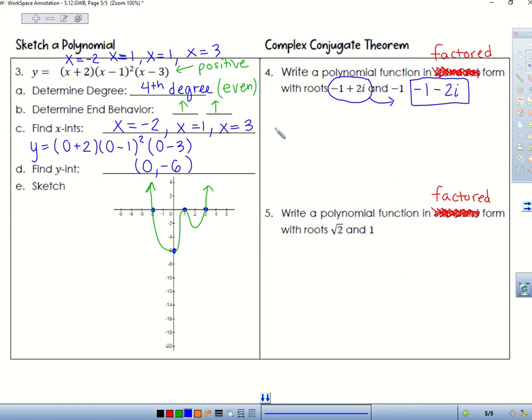So here's how you do it. f of x equals x minus the first given root, times x minus the one we just came up with. Remember to put it in parentheses because of the distributive property. And what's going to happen if I do x minus negative 1?